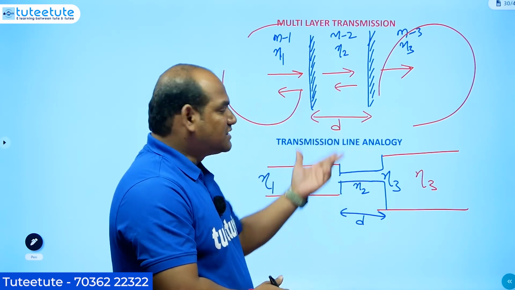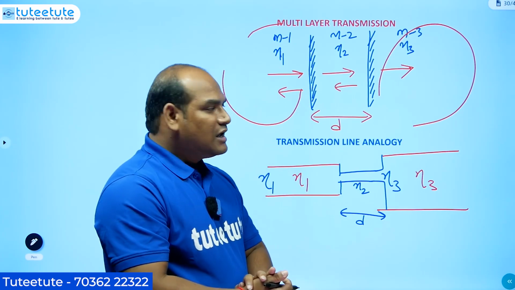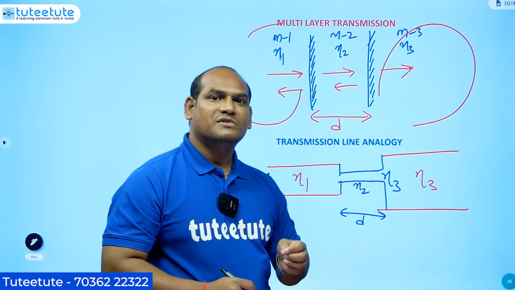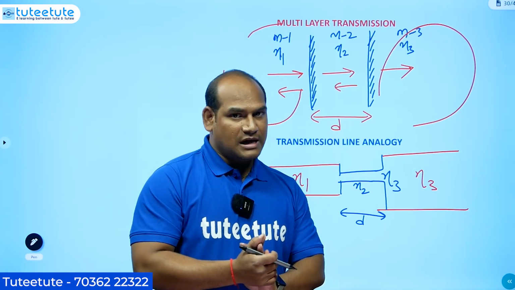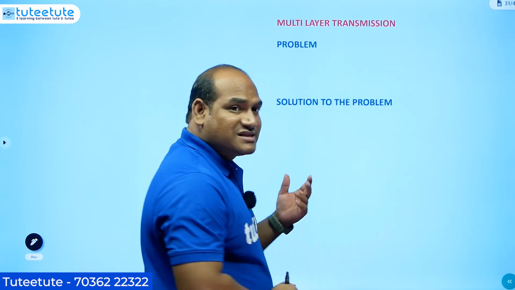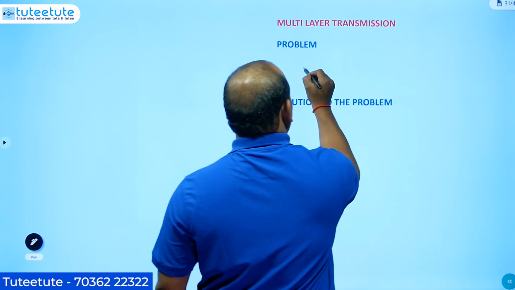We compared that with transmission lines like this. Now what we need to do is get the condition for not having reflections in medium 1. For that, what do we need to do? That is what we are going to study. So what is the problem now? Reflections in medium 1.